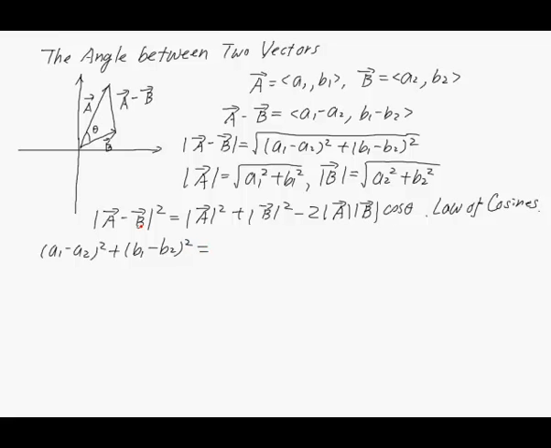This is the square of the magnitude of a minus b, equal to the square of the magnitude of a, which is a1 square plus b1 square, then plus the square of the magnitude of b, a2 square plus b2 square. And then minus 2 times the magnitude of a and the magnitude of b. Okay, here let me keep the magnitude of a and the magnitude of b.